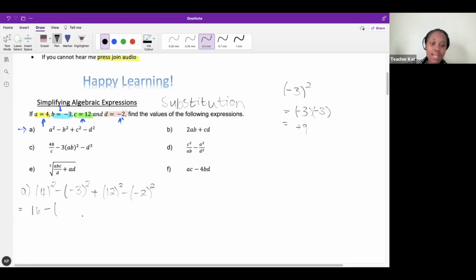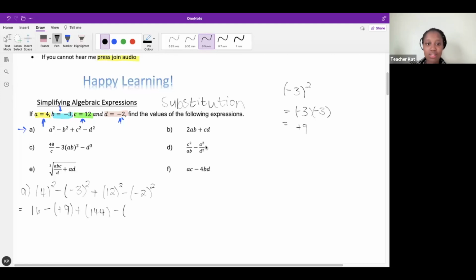So this is why I needed brackets, okay? Because this is going to give us a +9. You'll see what's going to happen here. Plus, what is 12 times 12? 12 squared will give us, nice, 144. Minus -2 all squared.